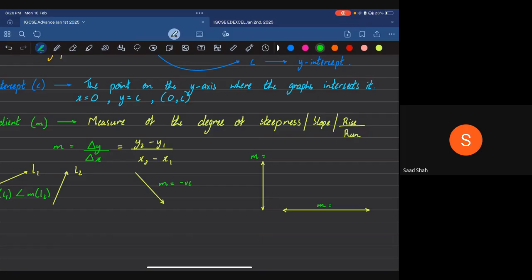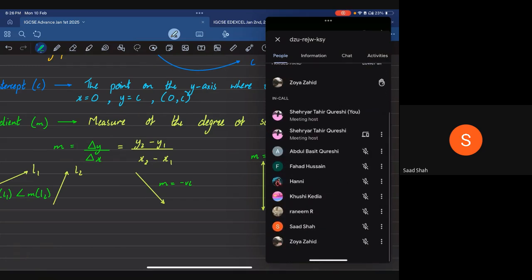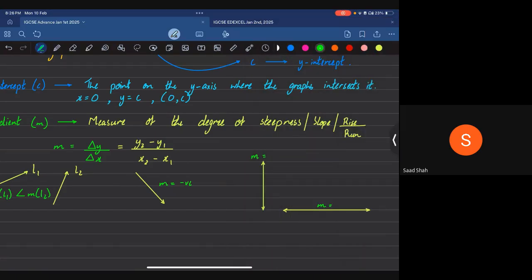Zoya agrees with Saad. All right, Zoya, you think it's going to be 0 for both? Okay, Zoya says it's going to be 0 for both sides.